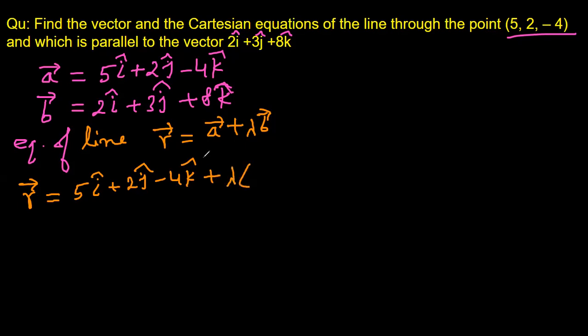Simply put in the values, and that is your answer. Nothing much is needed. If you know the formula, simply substitute these values. So this is the vector equation. Now they ask to change this into Cartesian equation also.